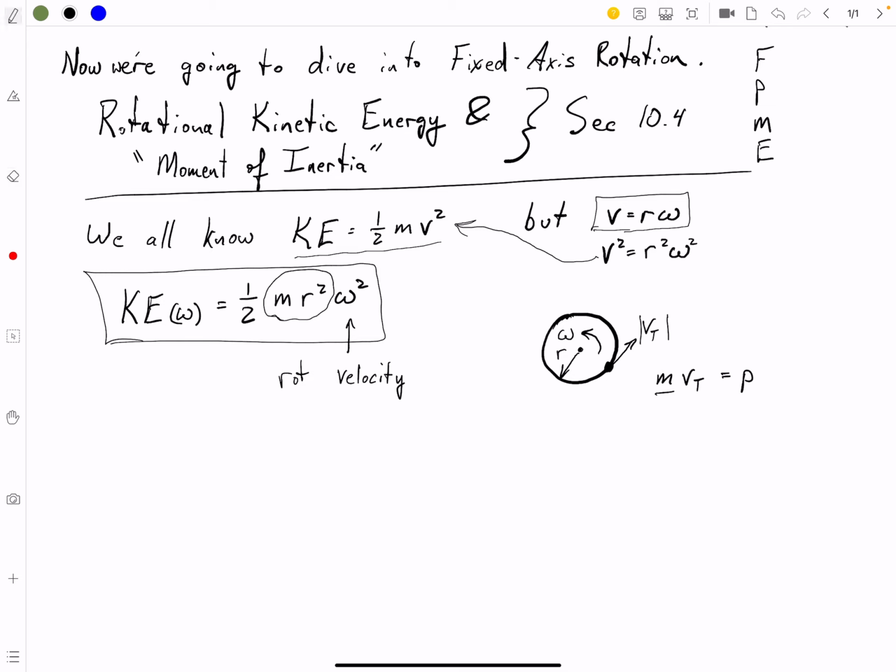Well, in our system, the way we've decided, we've got this mass going around in a circle. There's nothing really other than a force of gravity or some force somehow holding it in a circle, okay? So there's some centripetal force holding it into this circle, and it's going around and around and around. But what is this? Instead of that being our mass, it's the rotational equivalent of mass.